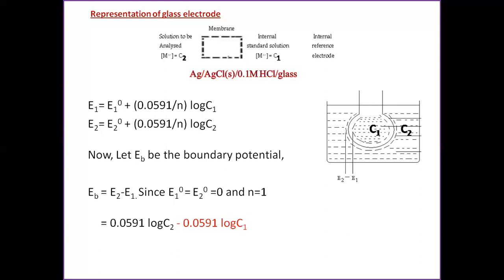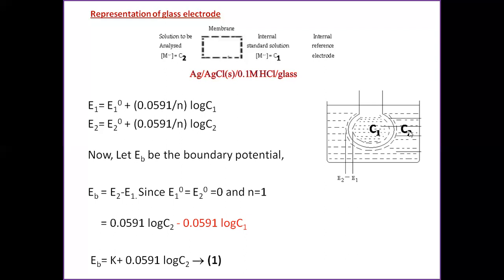So its concentration is fixed. So C1 is constant, log of C1 is constant, and 0.0591 log of C1, including the minus sign, is constant. So I will rewrite the boundary potential equation as EB is equal to K plus 0.0591 log of C2.